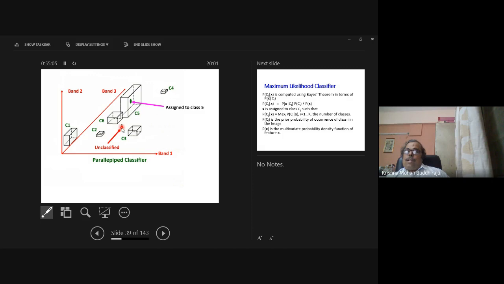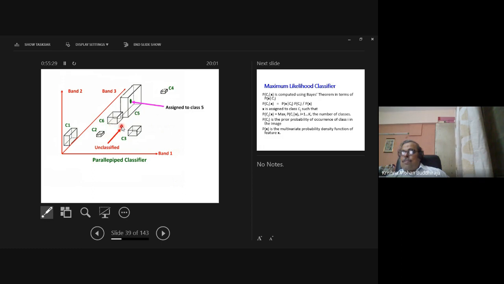Unclassified means maybe there is a class 7 that you have not considered, or maybe class 6 or class 3 should have extended further. Maybe you have not considered enough range in band 1. That's why this has not gone up to this level.